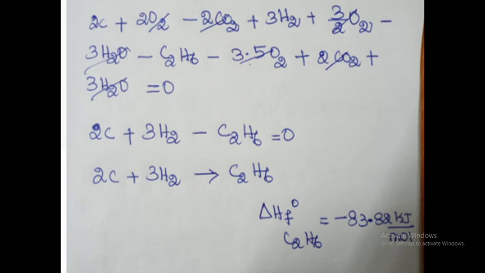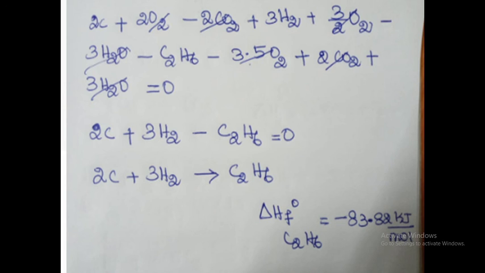Then water is cancelled: 3H2O, 3H2O, one is minus, another one is plus. Carbon dioxide also cancelled, minus and plus. Finally we get 2C plus 3H2 minus C2H6 equals 0. C2H6 comes to this side. So in equation form, 2C plus 3H2 gives C2H6. So this is the standard heat of formation of ethane gas reaction.